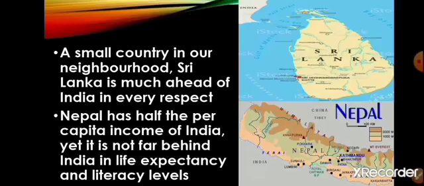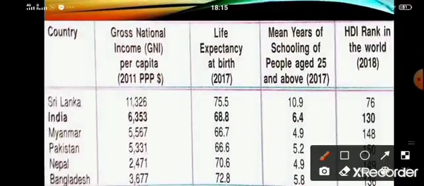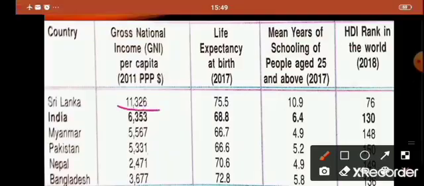Now, a small country in our neighborhood, Sri Lanka, is much ahead of India in every respect. Let's see. If you just go through the gross national income of Sri Lanka in the year 2011, it was 11,326. Isn't it? More than India.